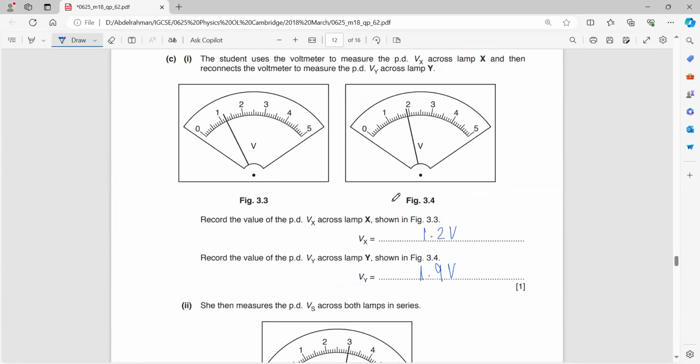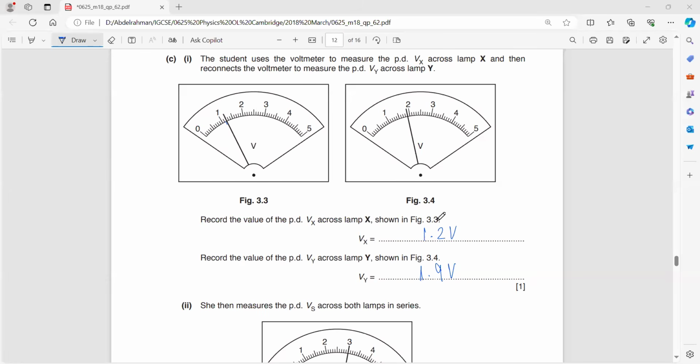1.4, what's 1.4? No, this is not 1.4. The voltage of Vx is 1.2, not 1.4. Okay, it is 1.2. Why? Because every mark is worth 0.1 in this question. Okay, in the voltmeter, it's worth 0.1. In the ammeter, it was worth 0.2. Okay, doesn't matter. But in the voltmeter, it is worth 0.1.